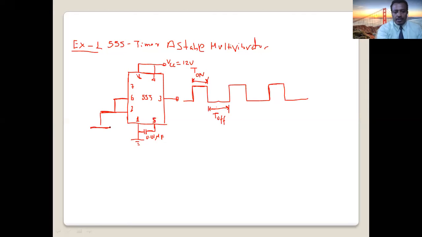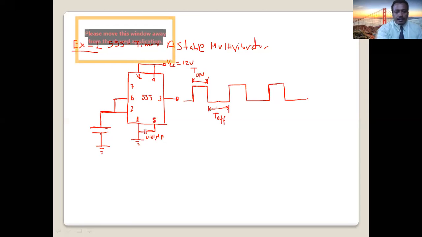Okay, here we have capacitor C. So the voltage across the capacitor VC is applied to pin number 6 threshold input and pin number 2, what we call trigger input.